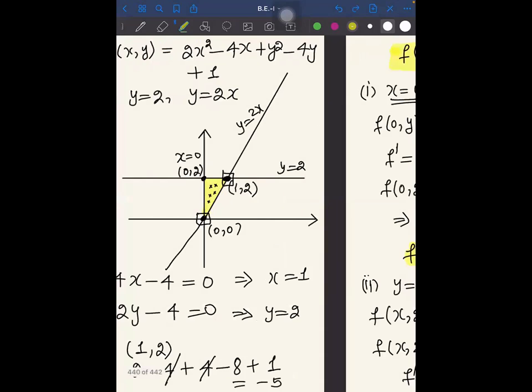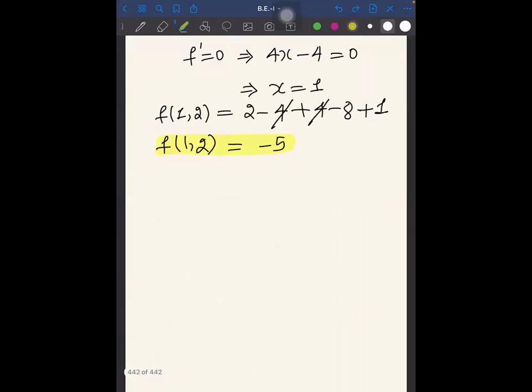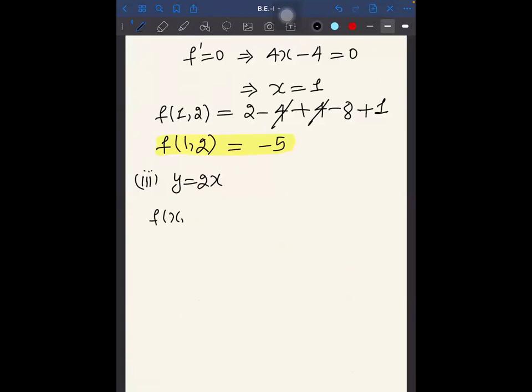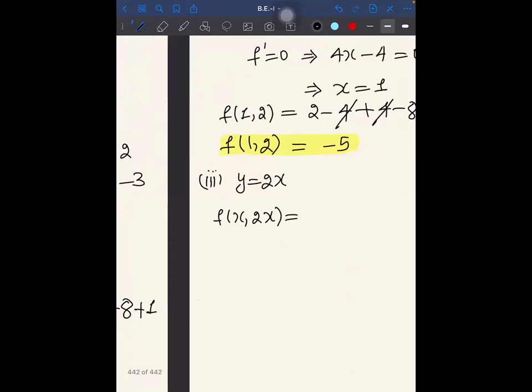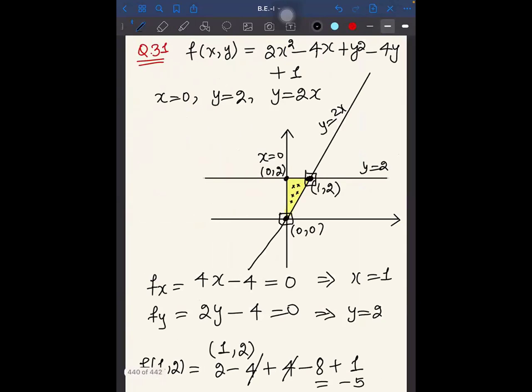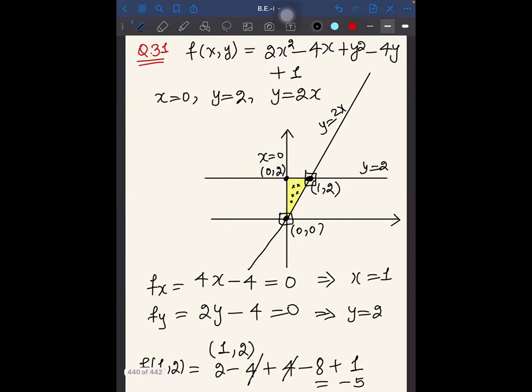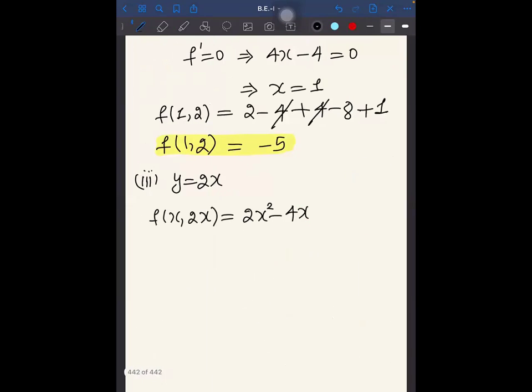So the last boundary is what? y is equal to 2x. So third, let's say y is equal to 2x. So put y is equal to 2x over here. So again, f of (x, 2x). 2x square minus 4x, and then 2x whole square minus 4 times the 2x plus 1.